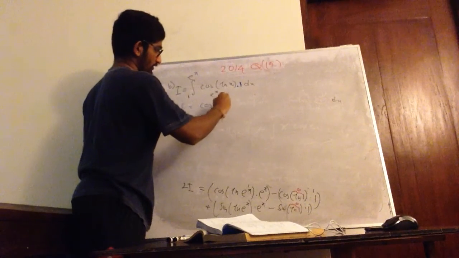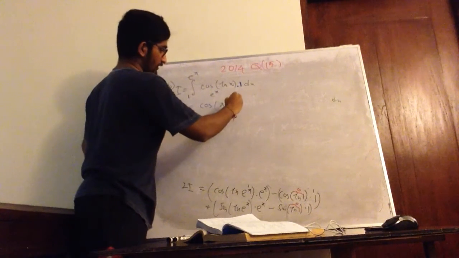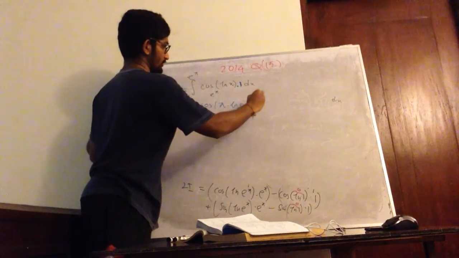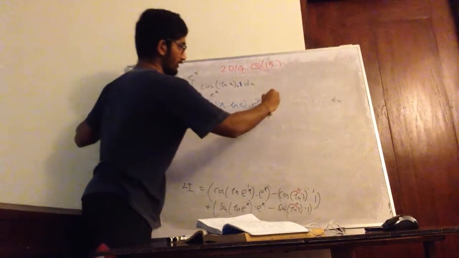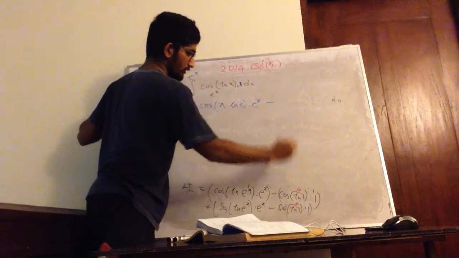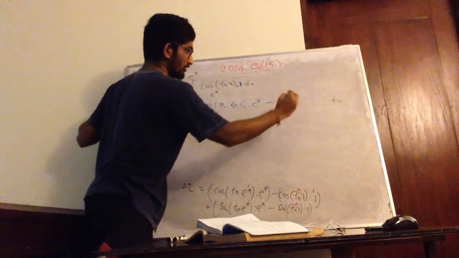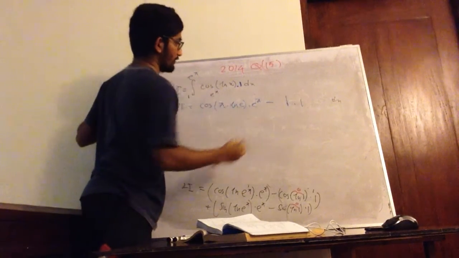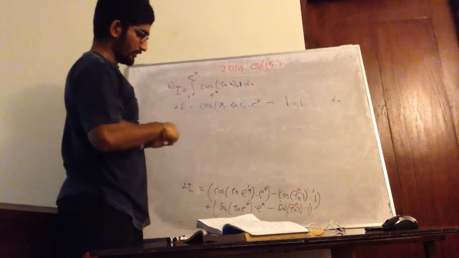So cos π ln e minus cos 0, cos 0 is 1, times 1, right?